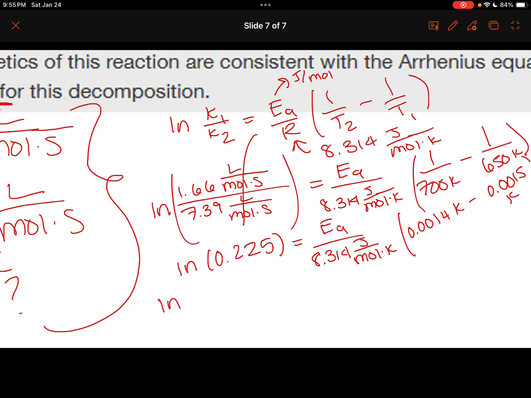Right, so natural log, and then this becomes, I'm going to switch to scientific notation.